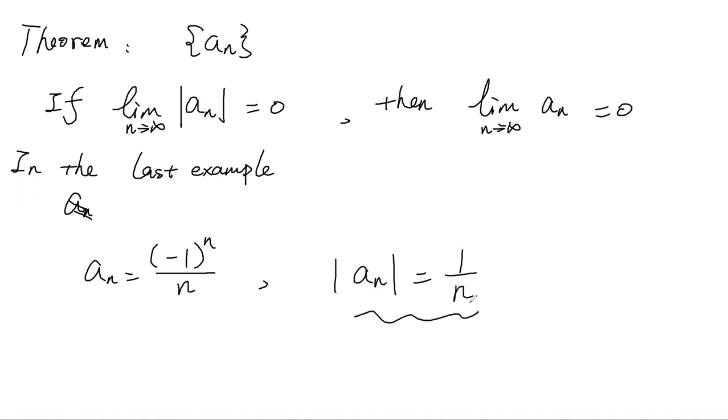And since the limit of the absolute value sequence exists and is equal to 0, the limit of the original sequence must also be equal to 0. If it's equal to 1 or something else, then the limit may not exist. But if the limit of the absolute value sequence is equal to 0, then the limit of the original sequence is also equal to 0.